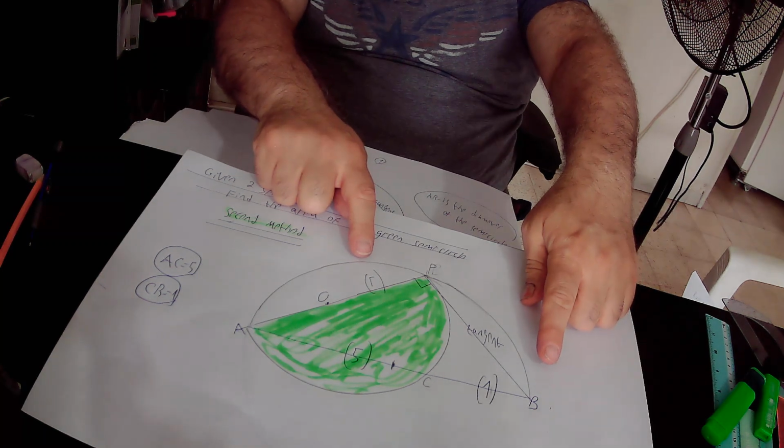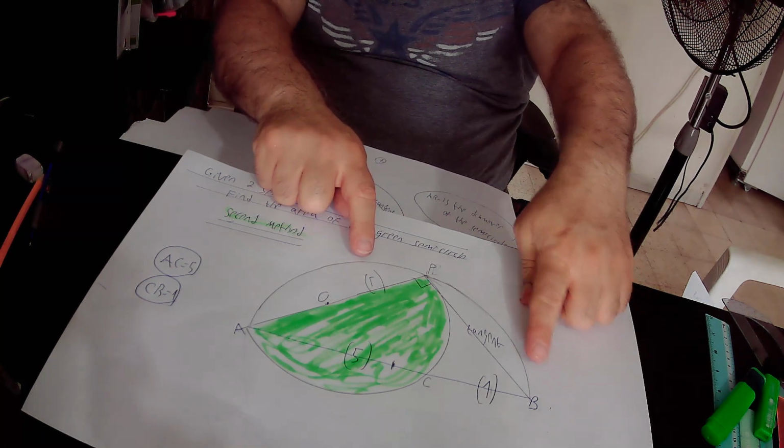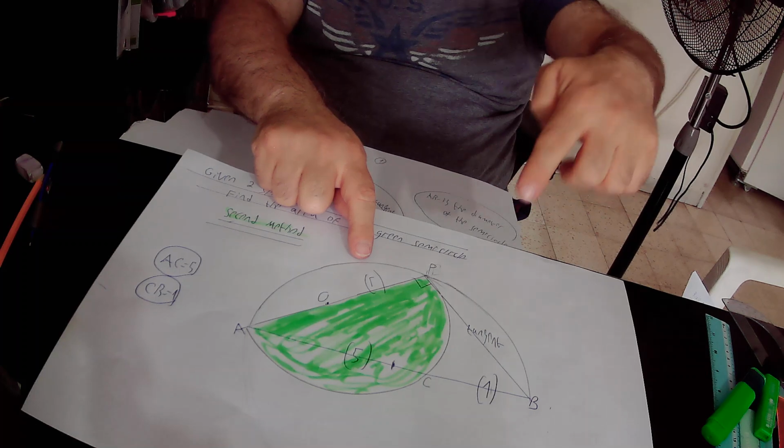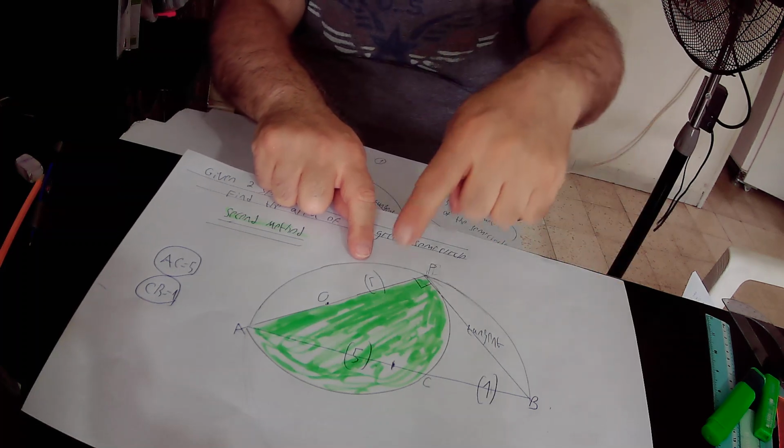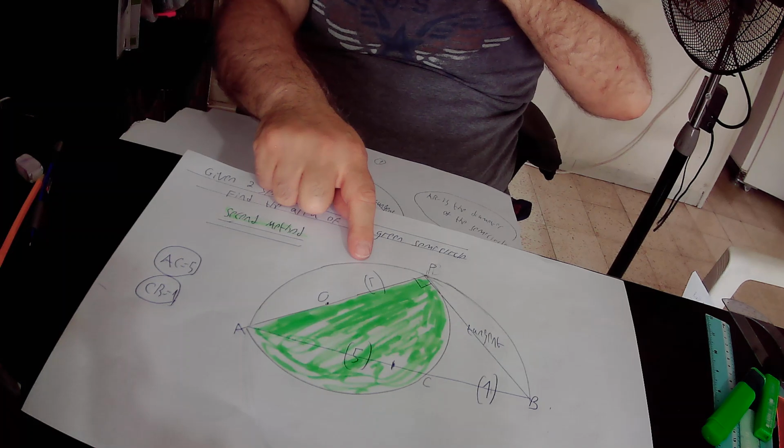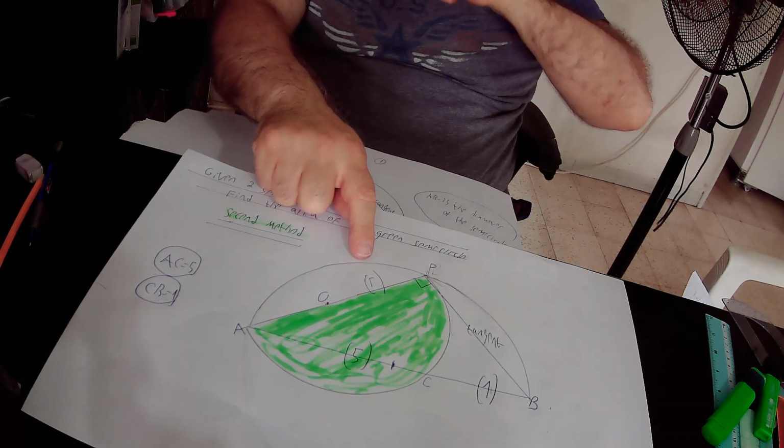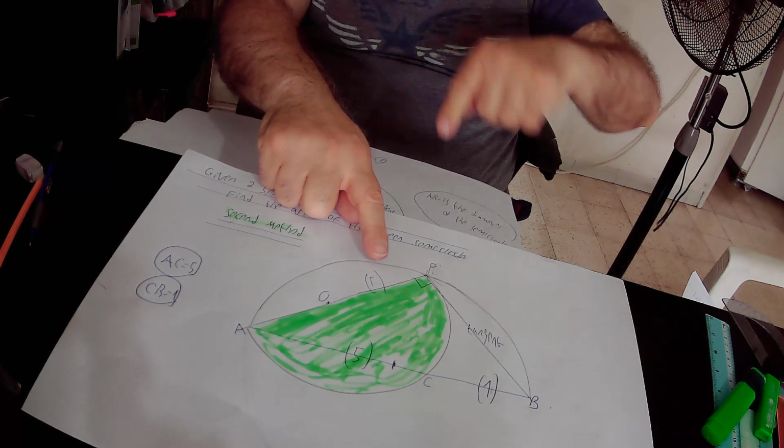Therefore, in conclusion, BP is tangent to the green semicircle at point P.